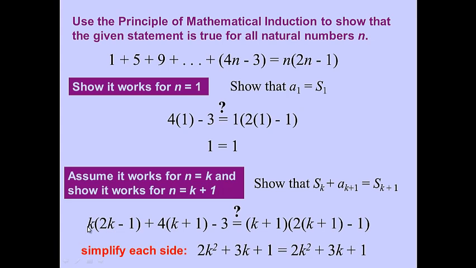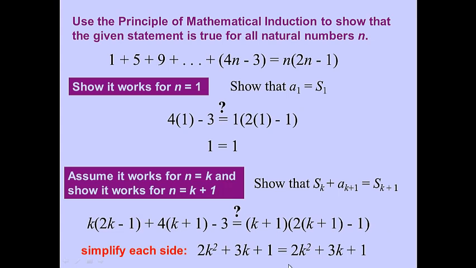So simplifying this gives me 2k squared minus k plus 4k plus 1 minus 3. I'm sorry, plus 4 minus 3. So that simplifies to 2k squared plus 3k plus 1. If I multiply this out, this is 2k plus 2 minus 1, 2k plus 1 times k plus 1.